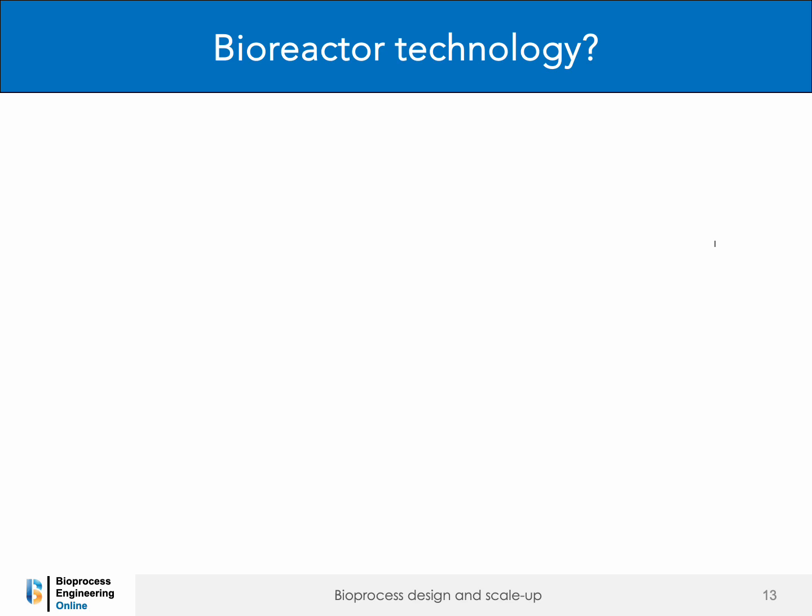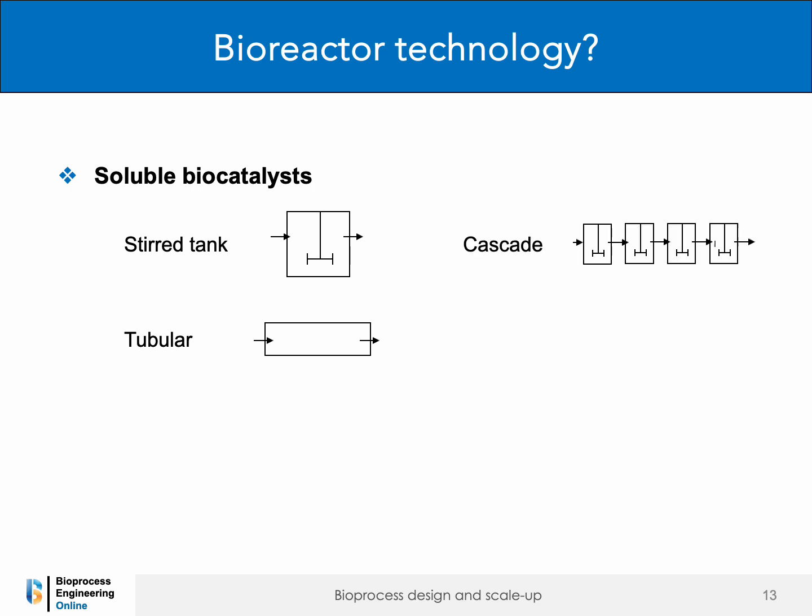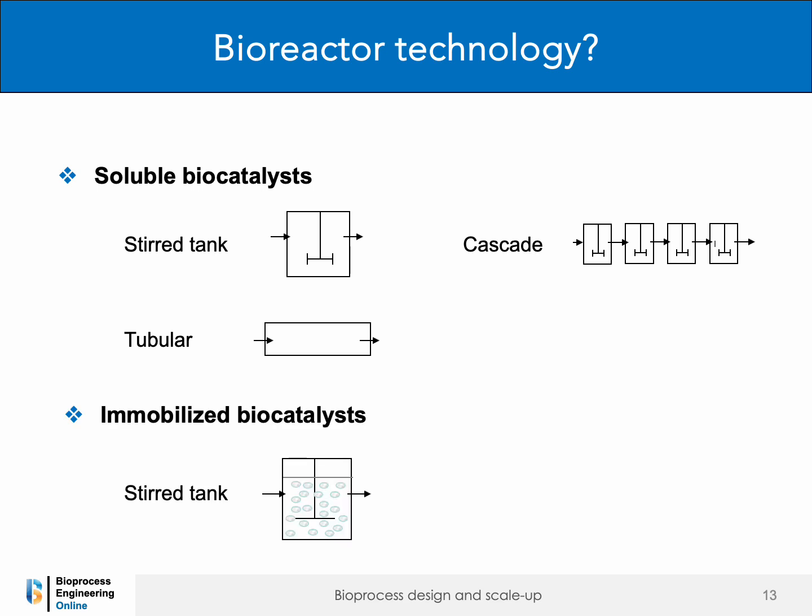Another crucial decision pertains to the bioreactor technology, especially when employing a continuous operation mode. The reactor can be configured as either well-stirred or tubular. An alternative approach involves employing a cascade of stirred reactors. For biocatalysts immobilized on particles or carriers, these particles can be employed in a stirred tank or in a tubular fixed-bed reactor.